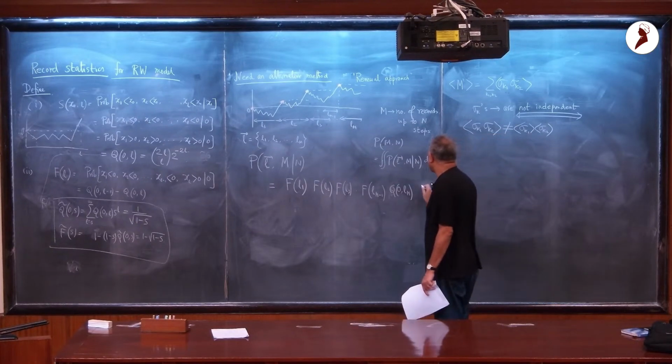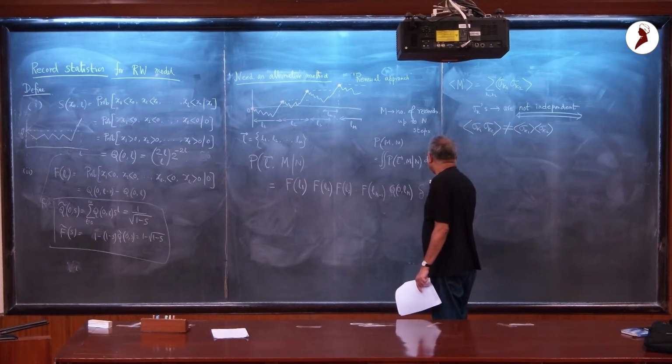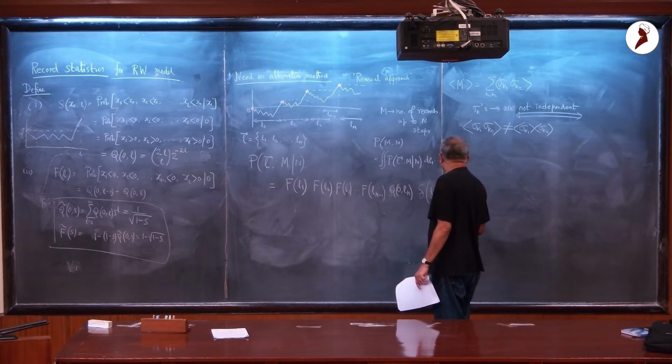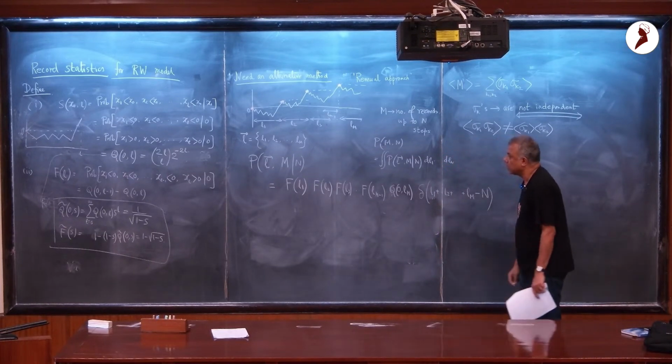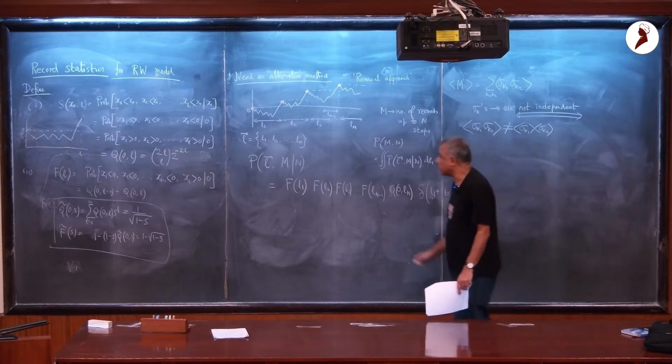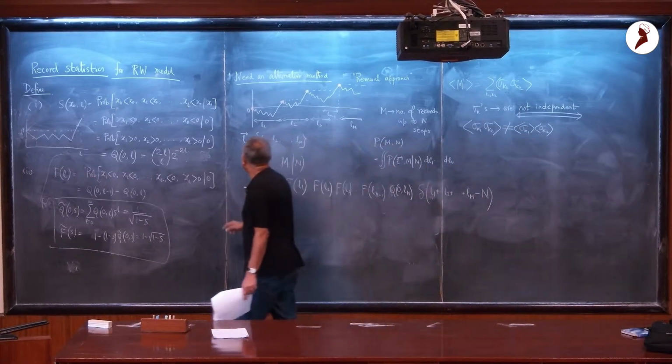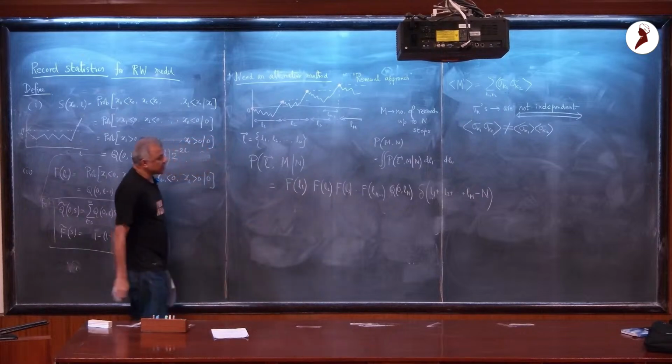And then I have another constraint, which is that the sum of all these lengths is exactly n, because I have a total of n steps. You can convince yourself that this is an exact answer.